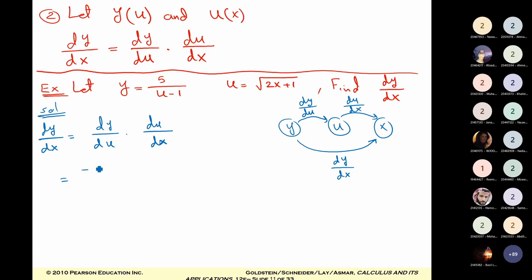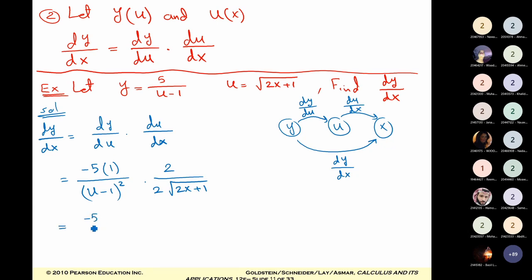This is minus numerator multiplied by the derivative of the denominator, over the denominator squared: 1 over u minus 1, all squared. Multiplied by the derivative du over dx, which is the derivative inside the root, 2, over 2 times radical 2x plus 1, like this.